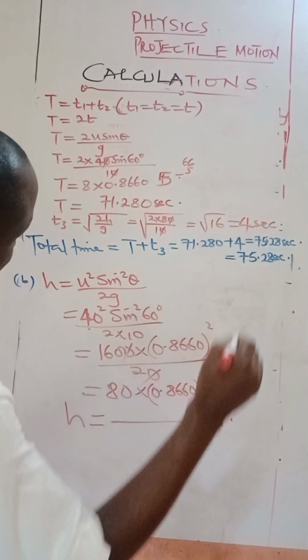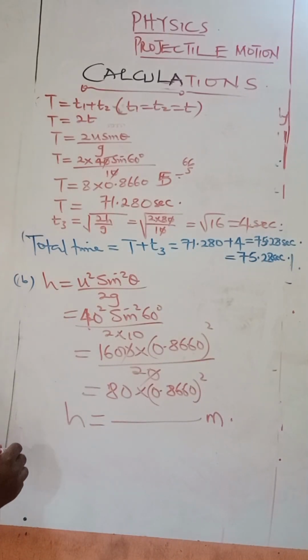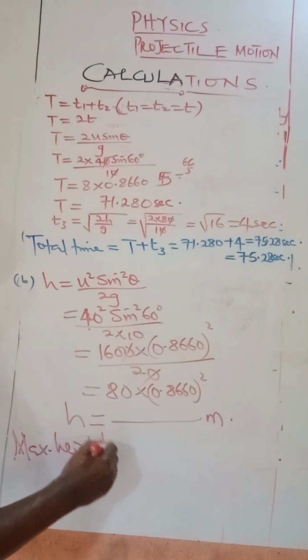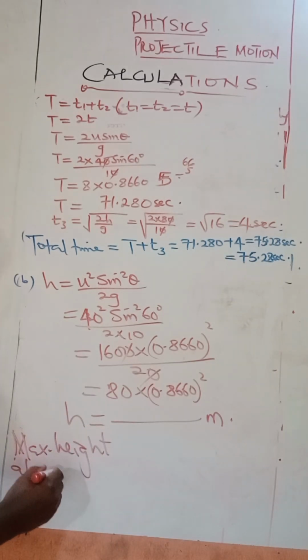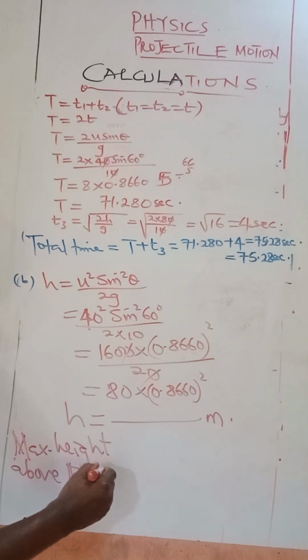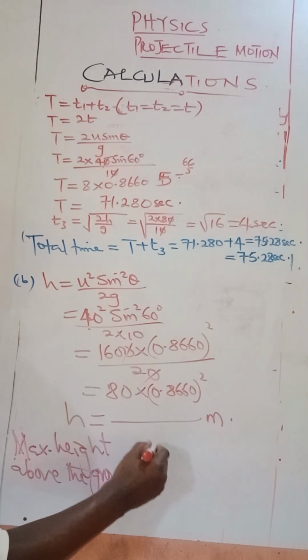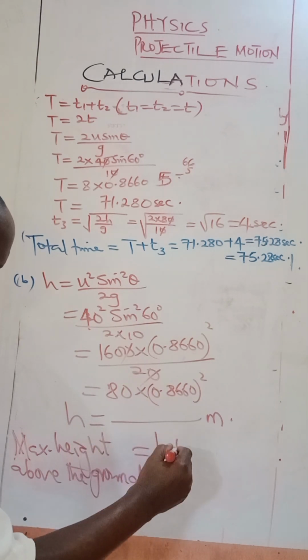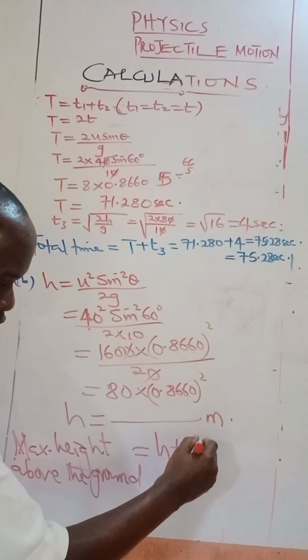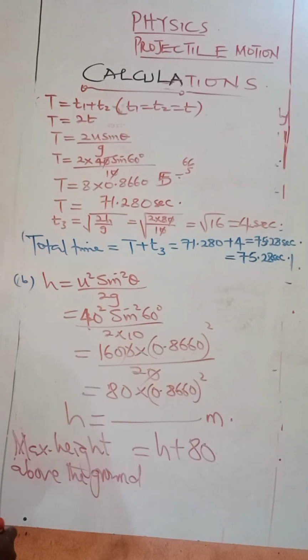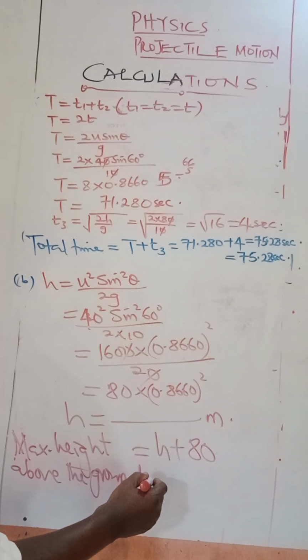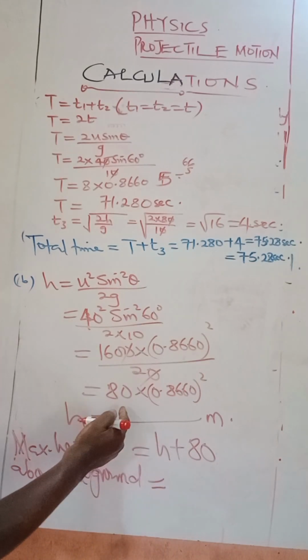So in meters, whatever you get in meters, then the total height above the ground will be our h plus the height of the building, plus 80. So this one will be your answer here.